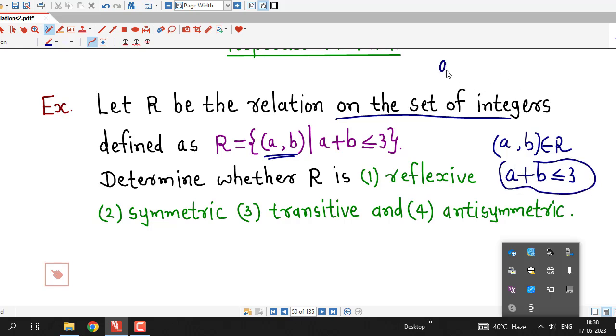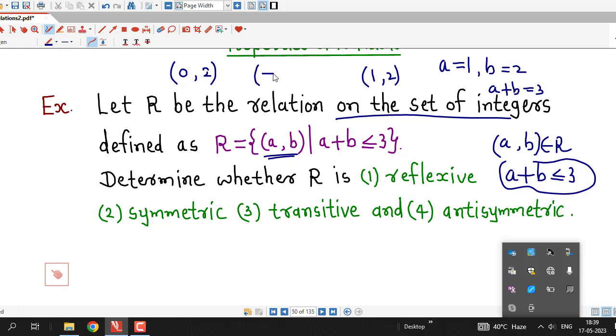For example, if I take A equal to 1 and B equal to 2, then A plus B equal to 3. Therefore, the ordered pair (1, 2) is in this relation. Similarly, we can have (0, 2) also. The addition of 0 and 2 is equal to 2, which is less than 3.